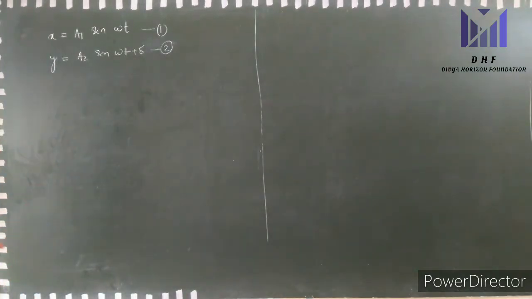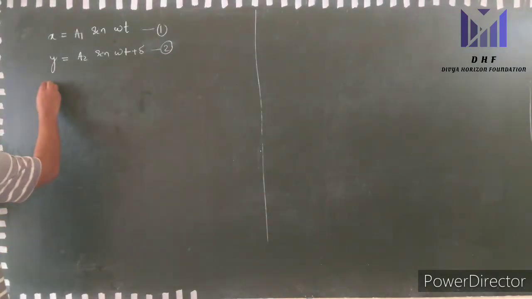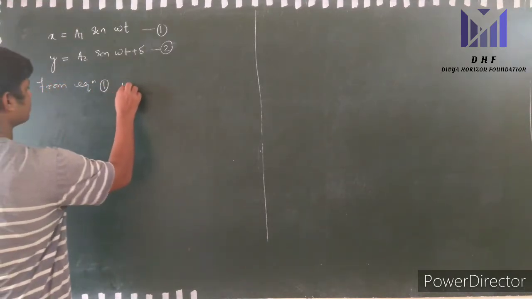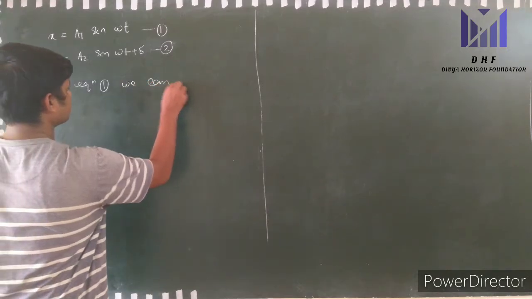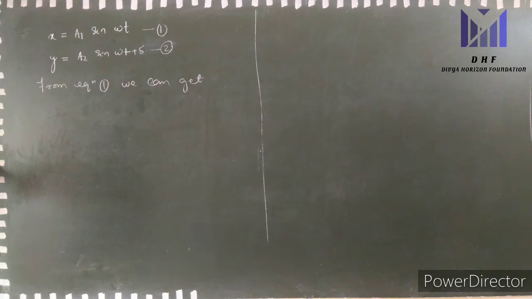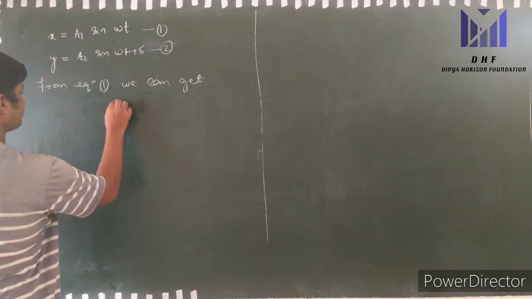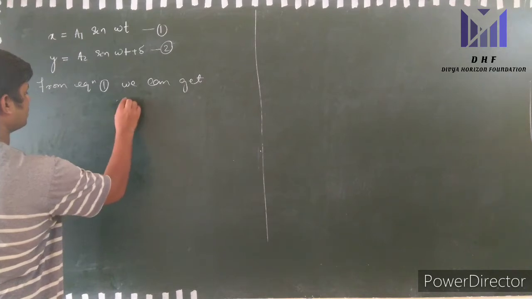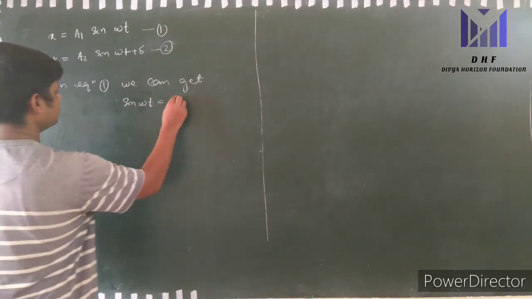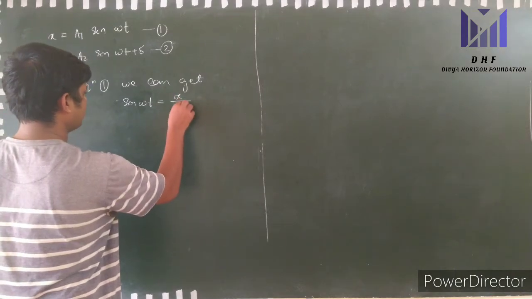So from equation 1 we can get the value of sin ωt: sin ωt will be x by a1.